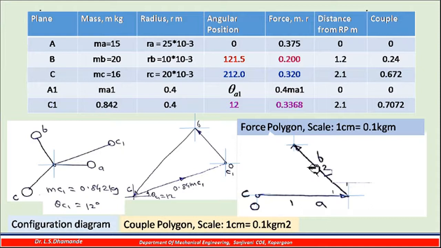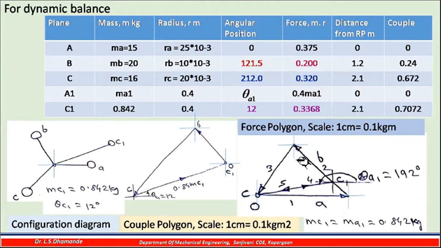This way it will be drawn, O to A to B. Now from B again I have to draw this third force, that is C, with 0.32 its magnitude. By taking a proper scale here, again I have to draw it like this, third force. And after that there is the C1.